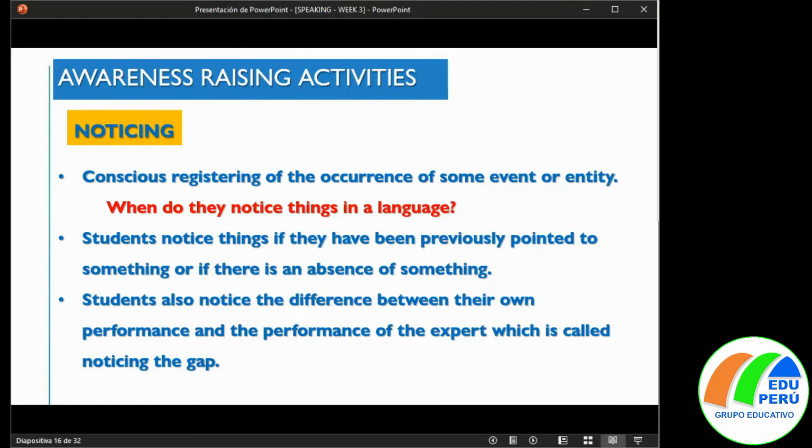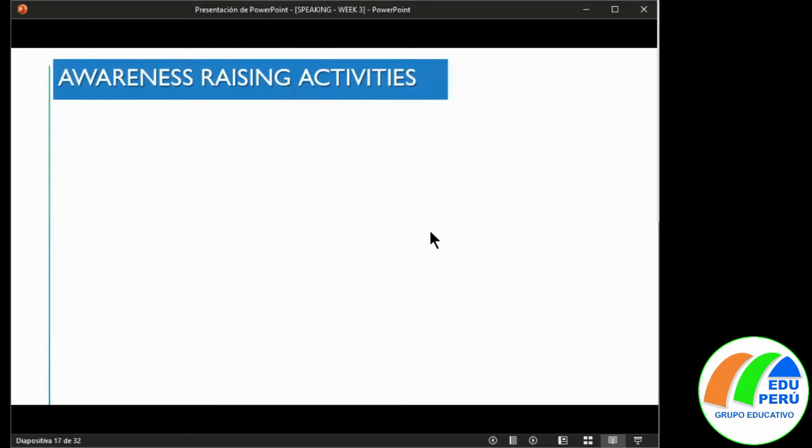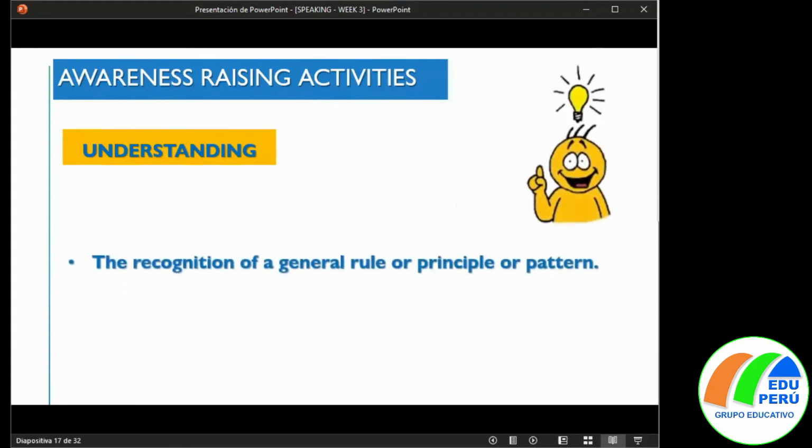Now, let's pass to the last one. The last one is understanding. What is understanding? Understanding is the recognition of a general rule or principle or pattern. You recognize it, you identify it.